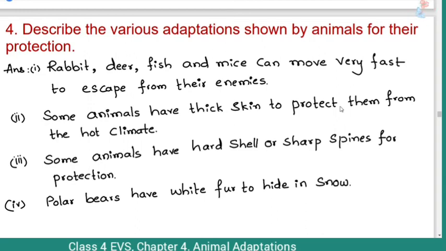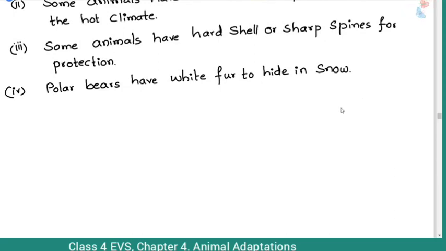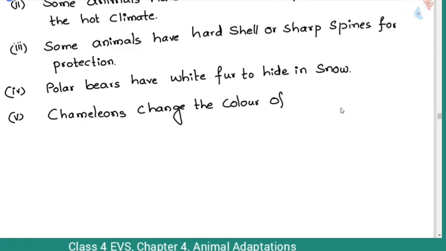Fifth one, chameleons change the color of their skin to warm up or cool down.